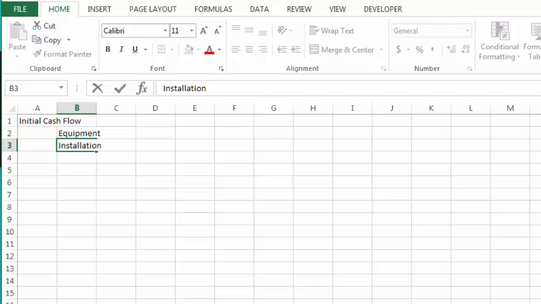And because I know I'm going to be doing depreciation later on, and that the depreciable base, according to the lecture, was the equipment plus installation plus anything that it'll take to get it up and running, I'm actually going to give myself a subtotal here that says depreciable base.